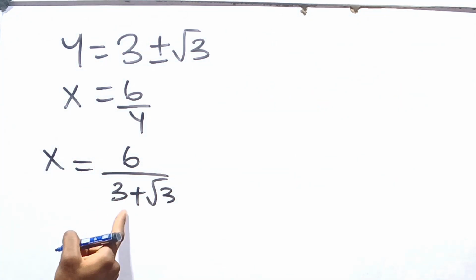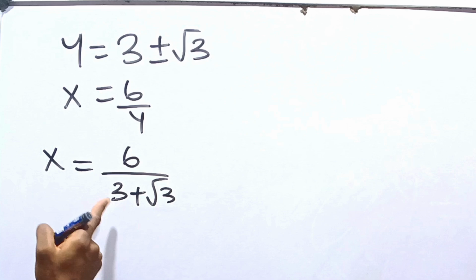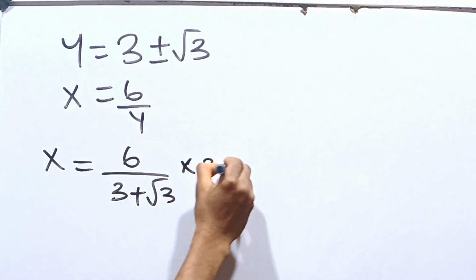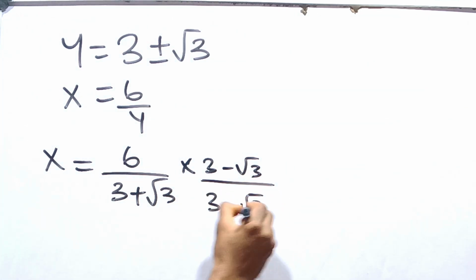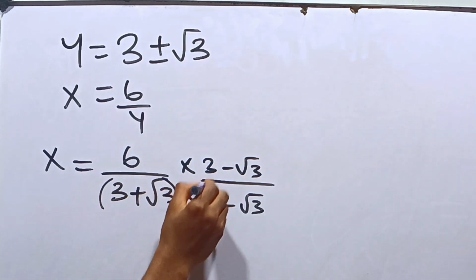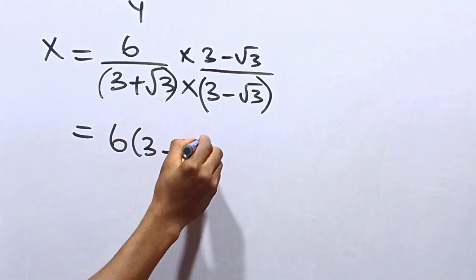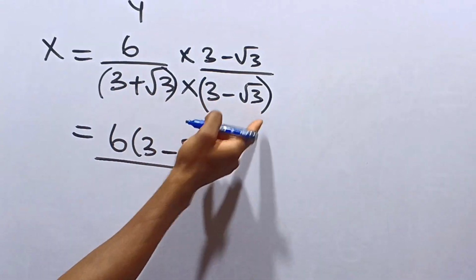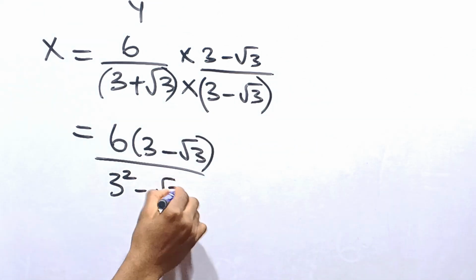So to rationalize this denominator, we multiply both the numerator and the denominator by the conjugate of the denominator. The conjugate of 3 plus root 3 is 3 minus root 3. So multiply the numerator by 3 minus root 3 and multiply the denominator by 3 minus root 3. So this becomes 6 into 3 minus root 3, divided by 3 plus root 3 multiplied by 3 minus root 3, which is 3 squared minus root 3 squared.